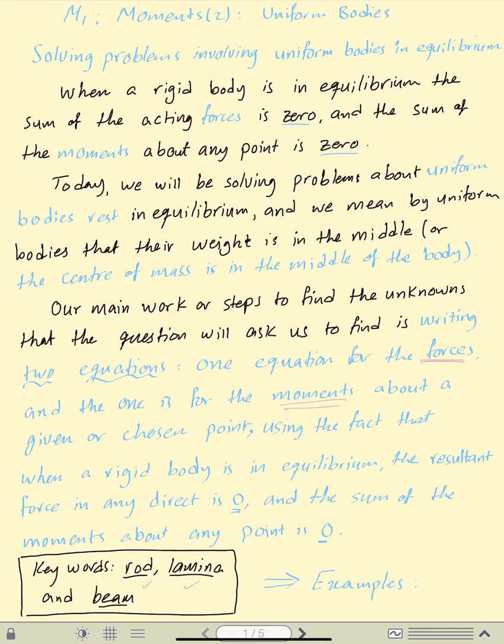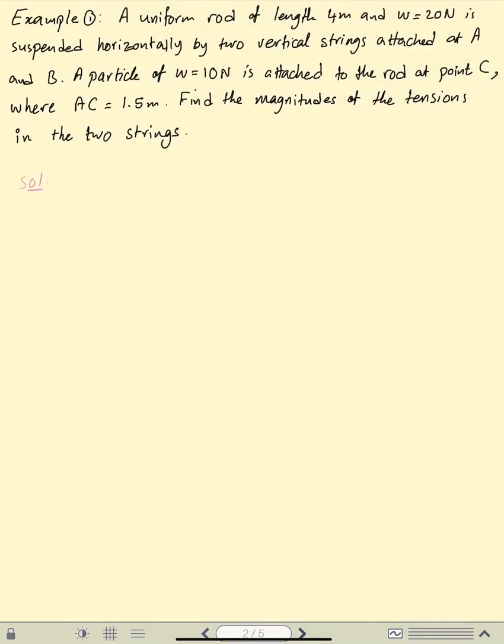This is the meaning of the sum of them being 0. We'll explain now in the examples, and read the notes. Don't only depend on what I'm saying. Read the notes and relate what's written to how to do the questions.